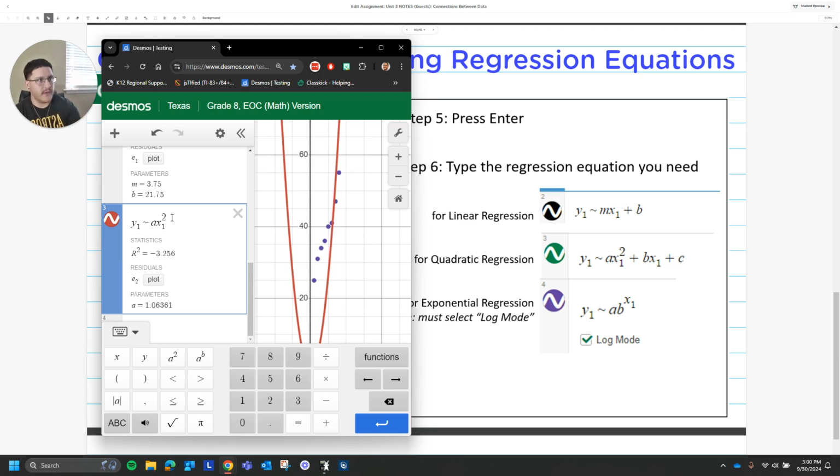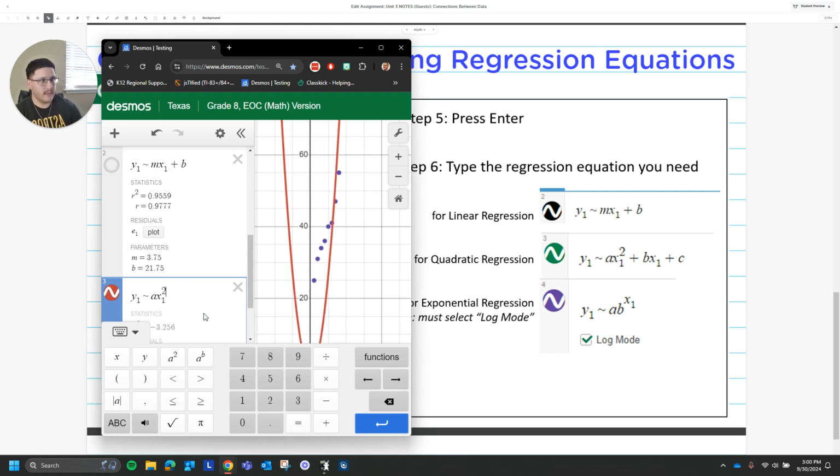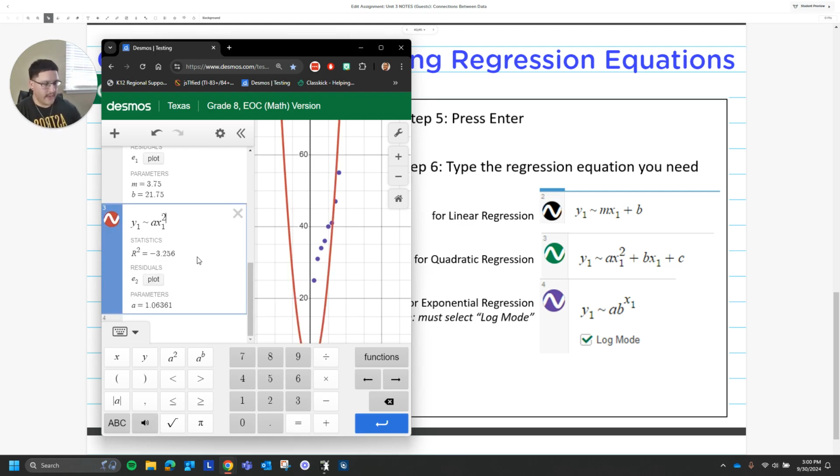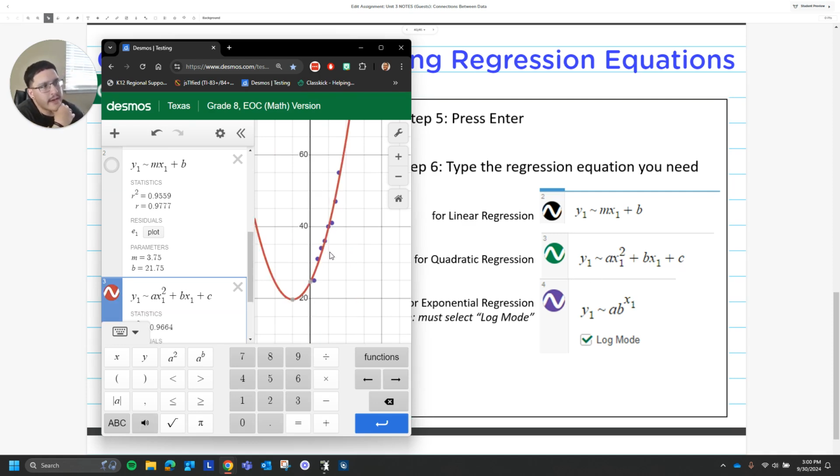You hold shift and then press that. It'll turn it into an exponent. Okay, and then to get out of that, I'm just going to arrow to the right and then finish it out. Plus BX1 and then plus C. And then you can see right here, here's the quadratic line of best fit.